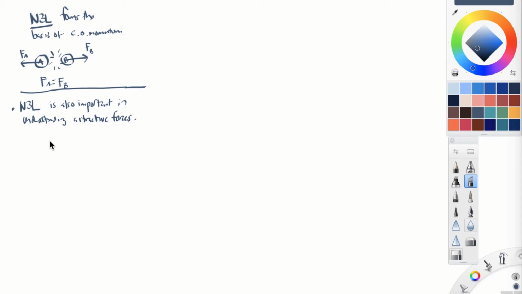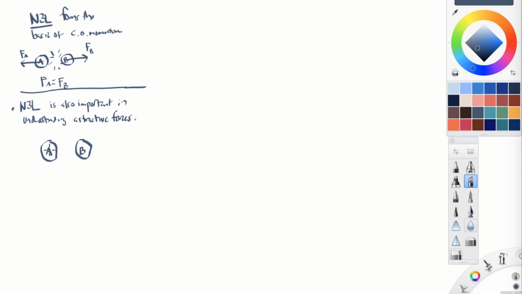So let's suppose, for example, that you have two objects. Maybe these are magnets, for example. Object A and object B. Let's consider these to be magnets for the moment. And we already know that magnets attract each other. People had known this by this time.